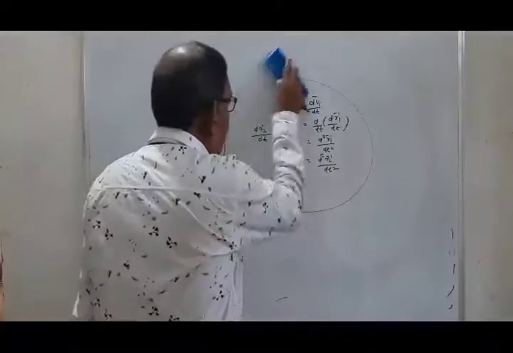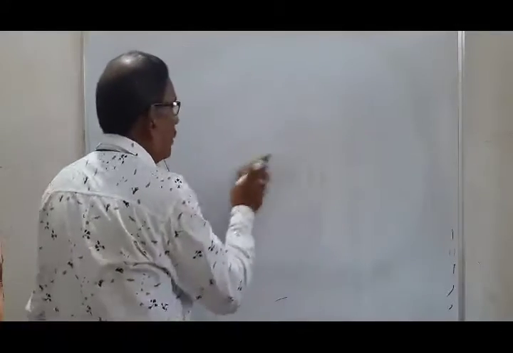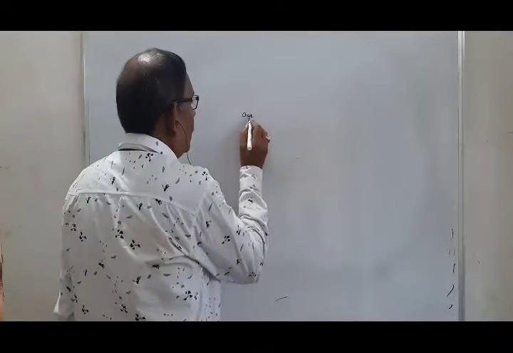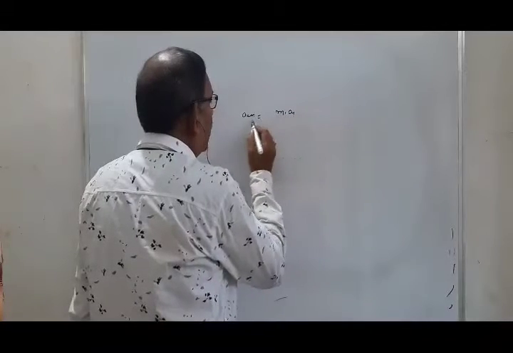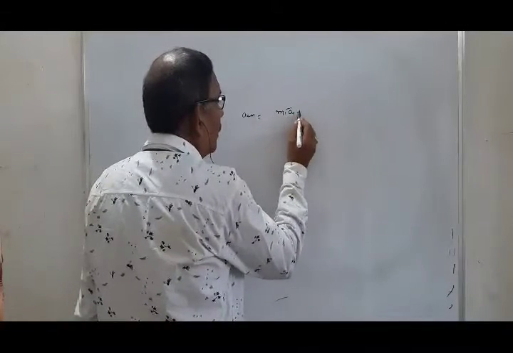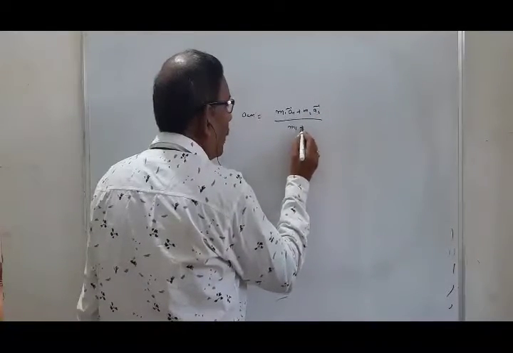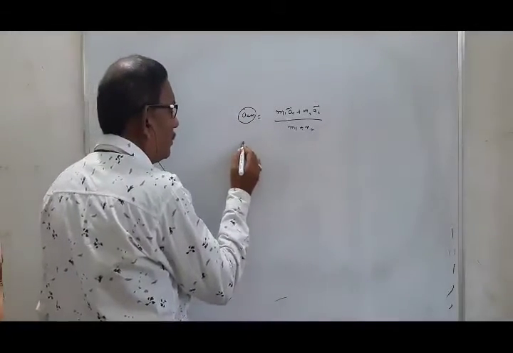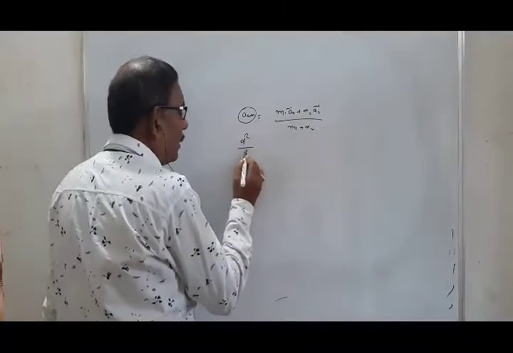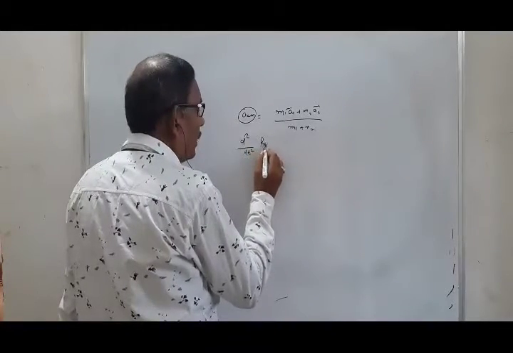Okay. Now, putting this value in equation 3. So here equation 3 is ACM is equal to M1 A1 plus M2 A2 by M1 plus M2. Here you write d square by dt square of RCM.